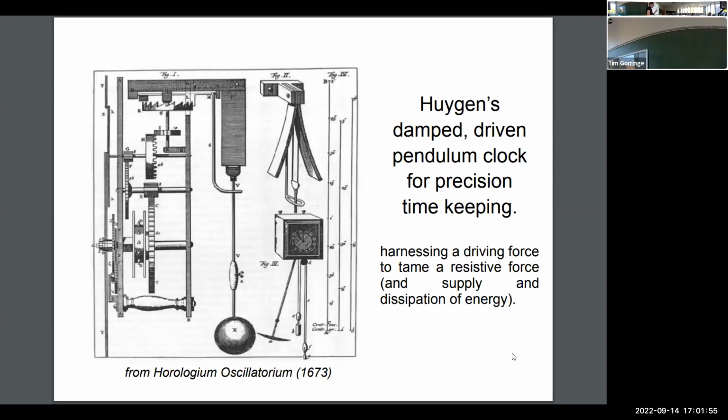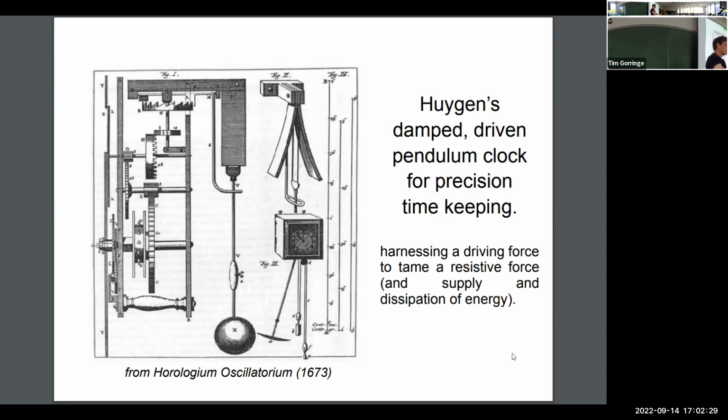A classic example of a simple compound pendulum that's damped and driven is the case of mechanical clocks. Inevitably there are damping resistive forces at play. To keep a mechanical clock going, you need a driving force to keep it oscillating.